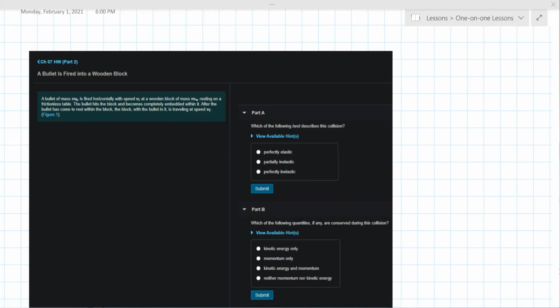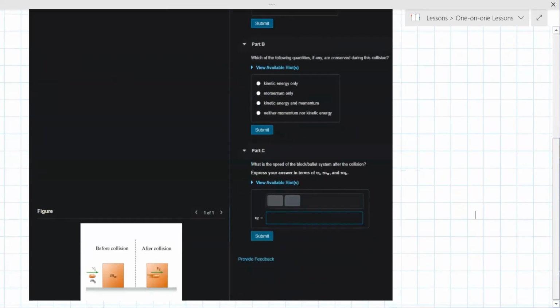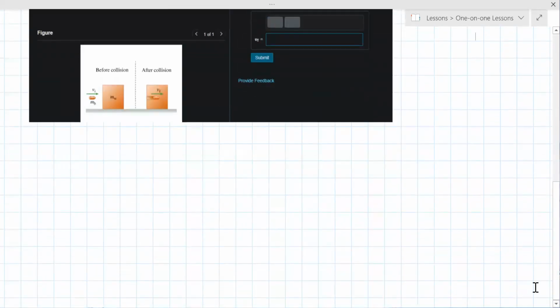Express your answer in terms of V_i, M_W, and M_B. Okay, so the basics of this is that you've got V_i times M_B plus the mass of the wood, but it's not moving, so it has no velocity.